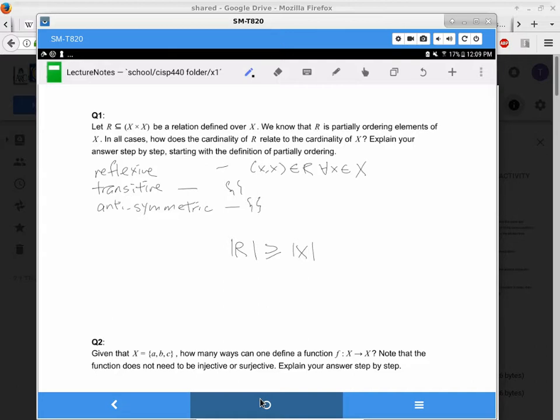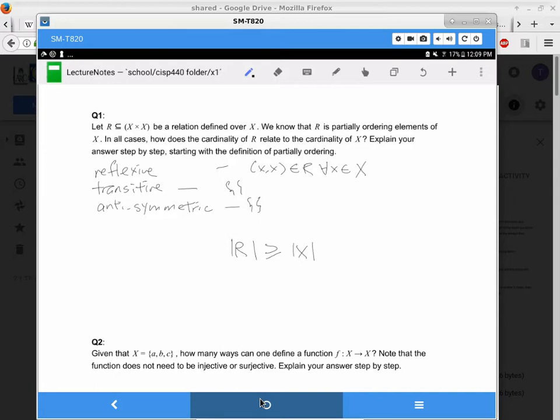You can only say that it's at least the same, because if I define a relation that is just reflexive but nothing else, it would still be a partial ordering, because it still satisfies being transitive as well as antisymmetric. In this particular question, there's no need for you to explain why an empty relation is also transitive and antisymmetric.